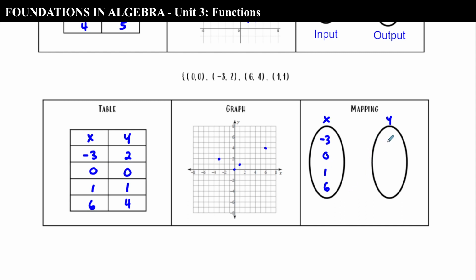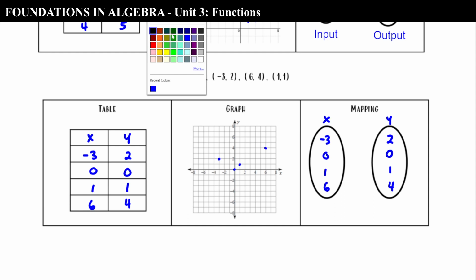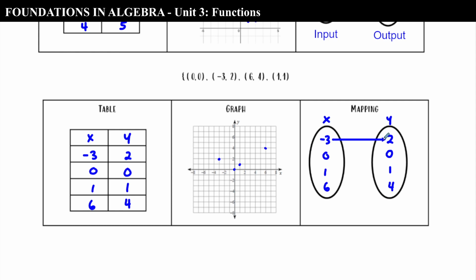And we also have 2, 0, 1, and 4. We have no repeats, so we end up just listing everything. And now let's draw our lines from -3 to 2, from 0 to 0, from 1 to 1, and from 6 to 4. And that would be it for this one.